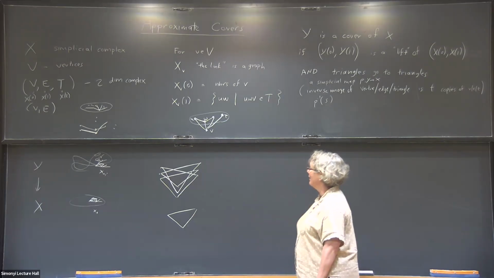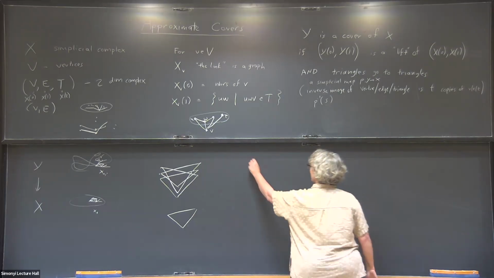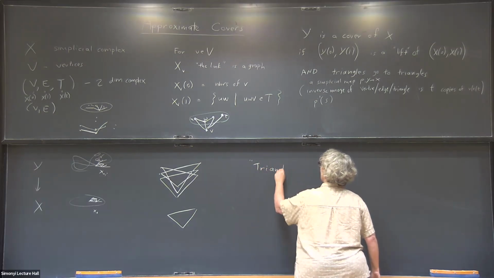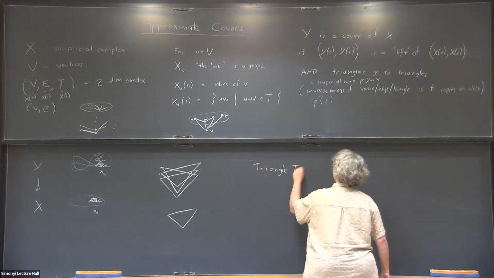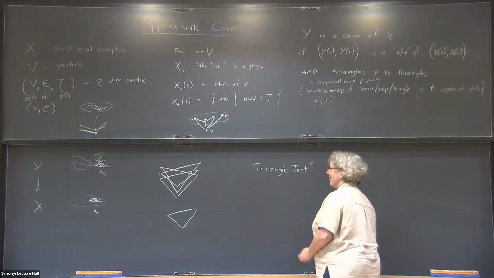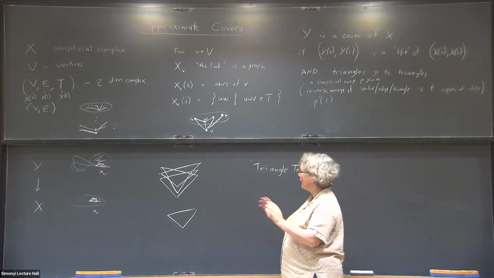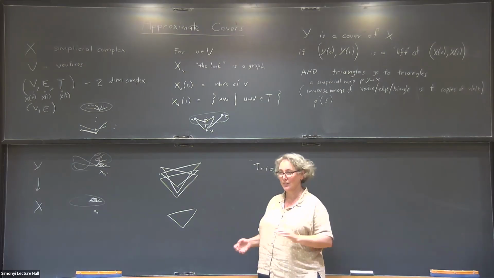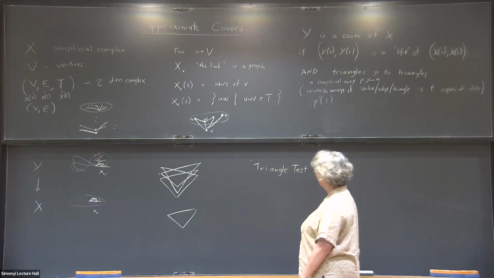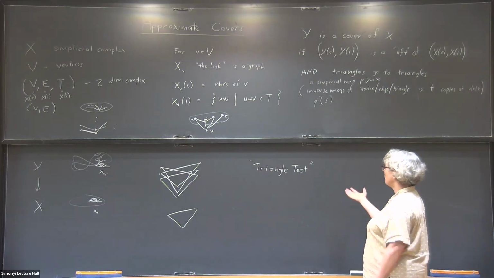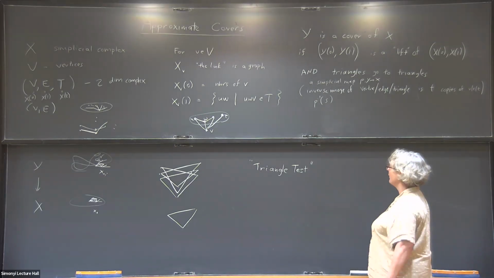So I can call this the triangle test. For a triangle to be covered properly, it means that all of the triangles above it are triangles. Okay, that's a great question. I mean, you can define it this way or that way, and these correspond to different questions, and both are very interesting. So let's just choose one of them for the sake of discussion.